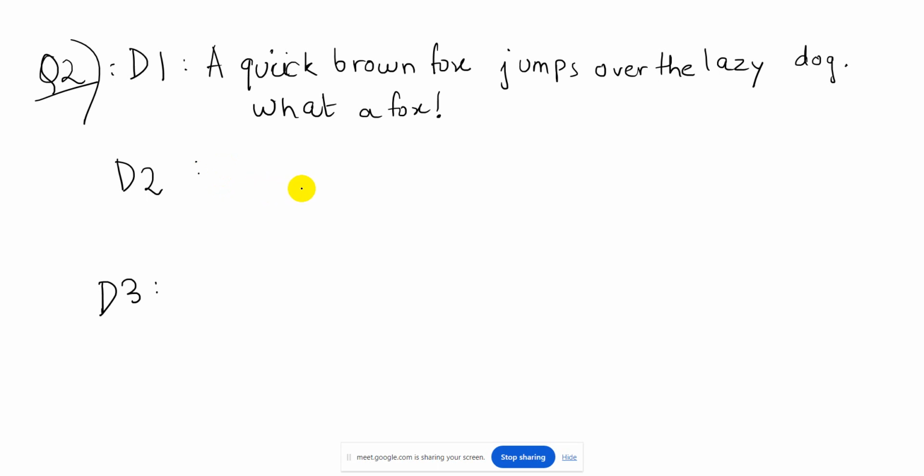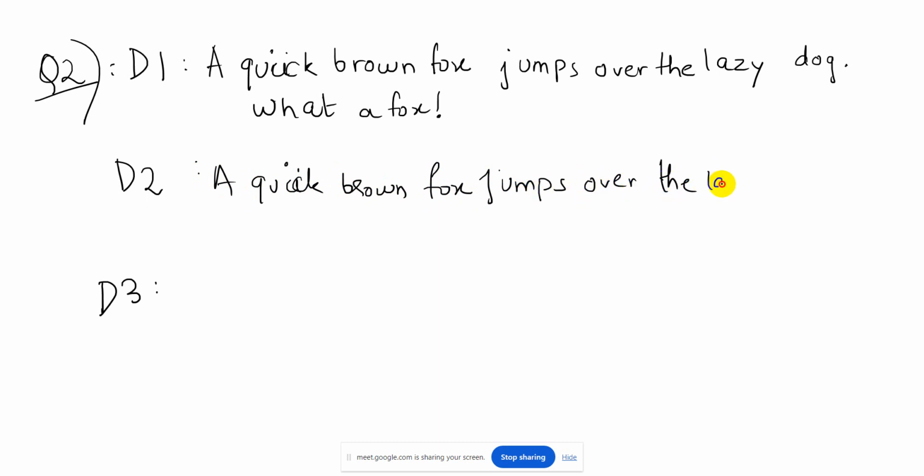The second document is: a quick brown fox jumps over the lazy fox. What a fox.